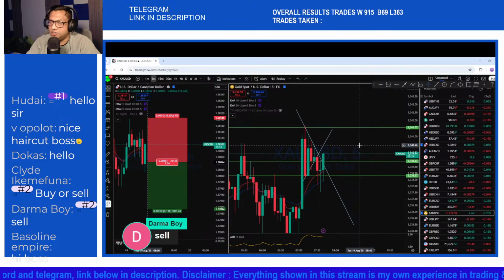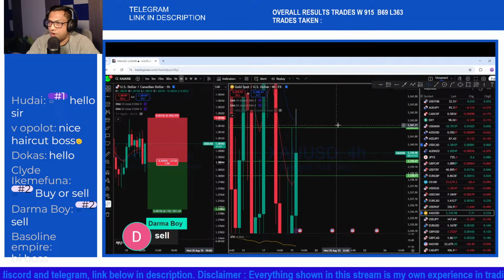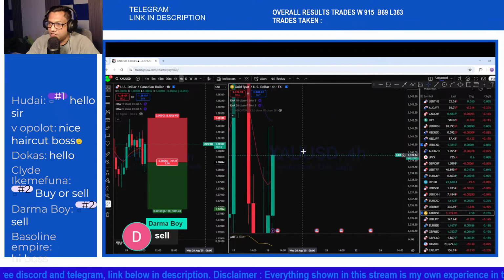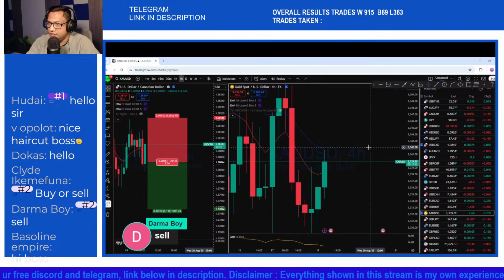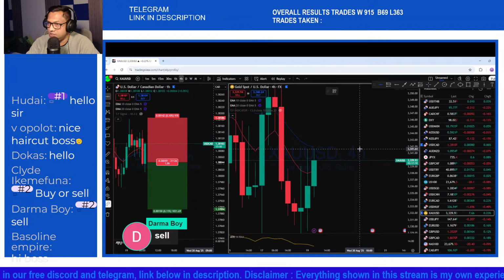So you see the market is again pushing back to the 4-hour high. Let's now look freshly at the market in that area to see where the price is heading.